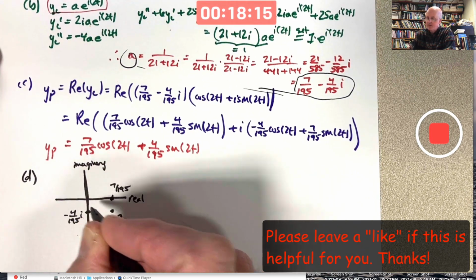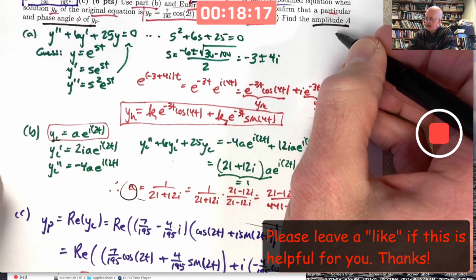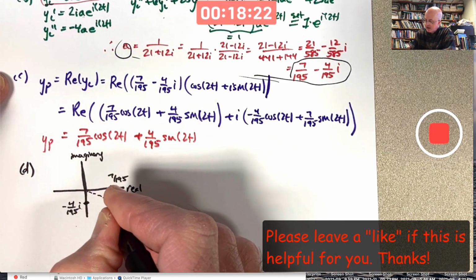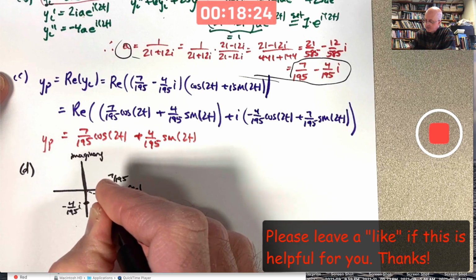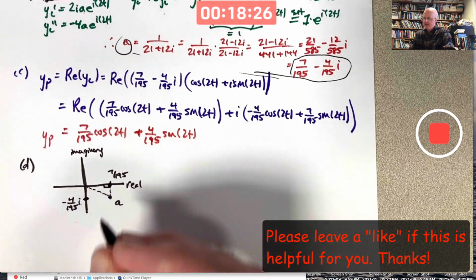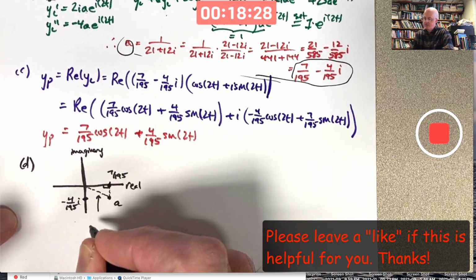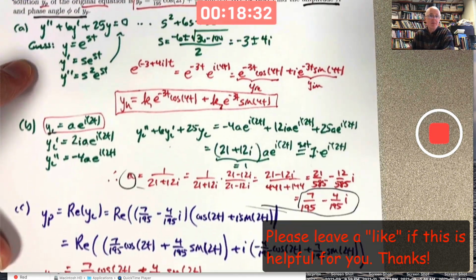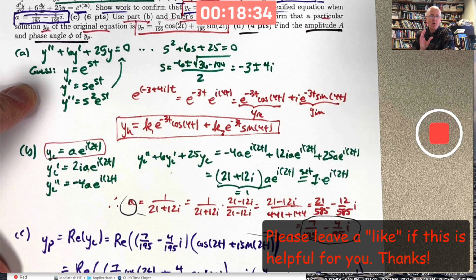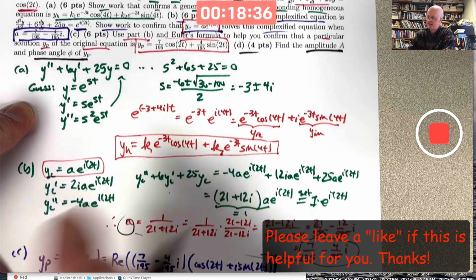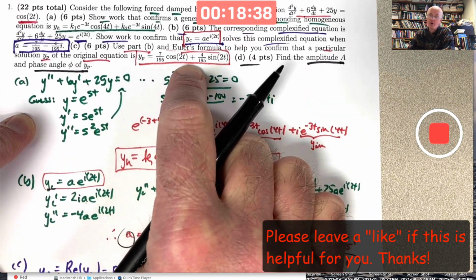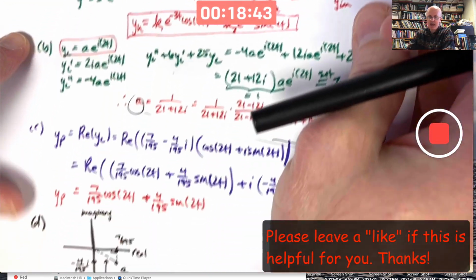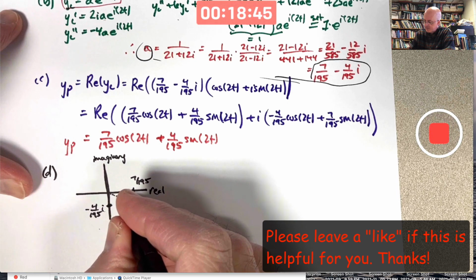And it turns out that the amplitude of the forced response, capital A, is the distance between little a and the origin. And you can use the Pythagorean theorem to figure that out. That distance, the hypotenuse, is capital A. And the phase angle, which is related to the horizontal shift of the graph of this function from an ordinary cosine wave, it turns out, is this angle right here.